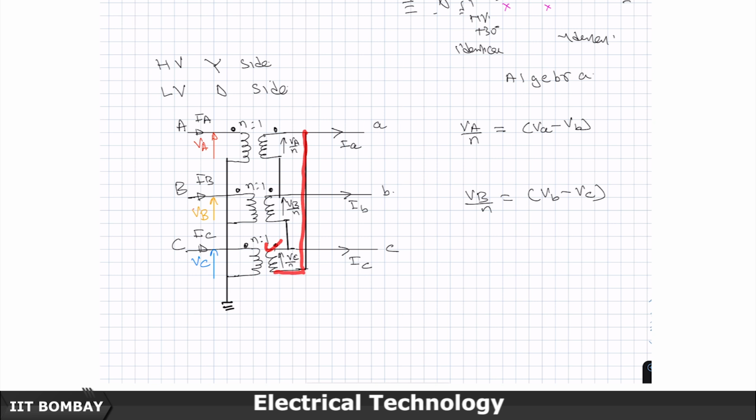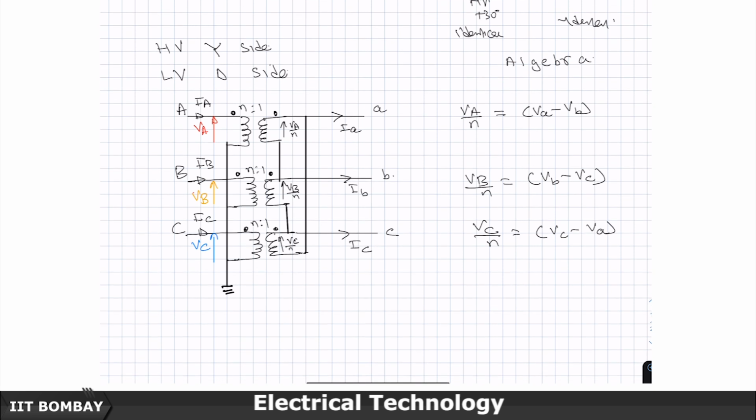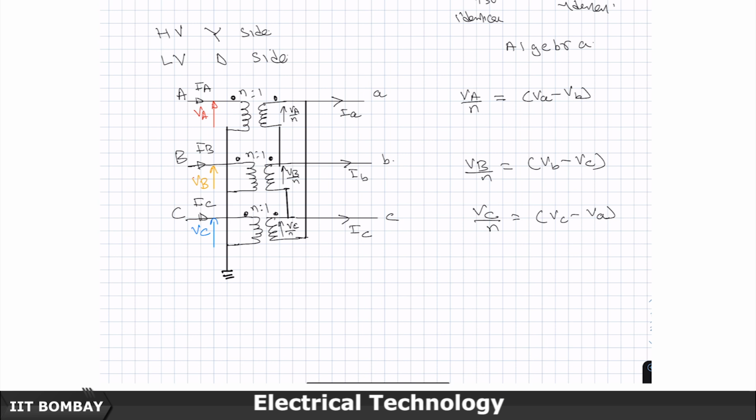So, there is a symmetry in the cyclic notation in your connections, and on this side it should be clear to you.